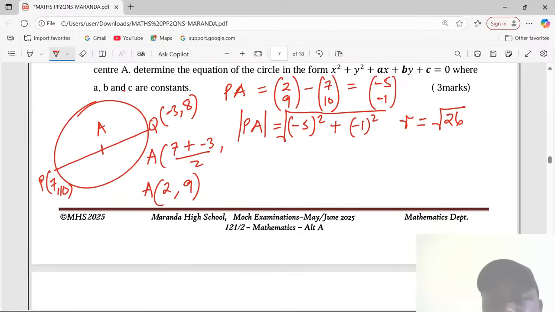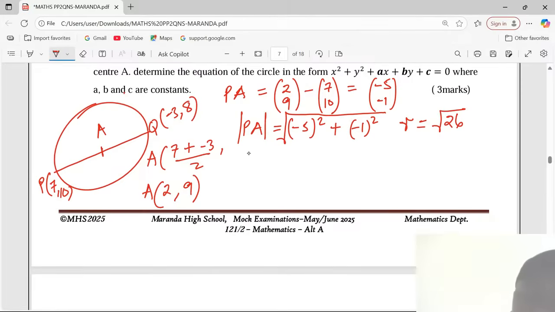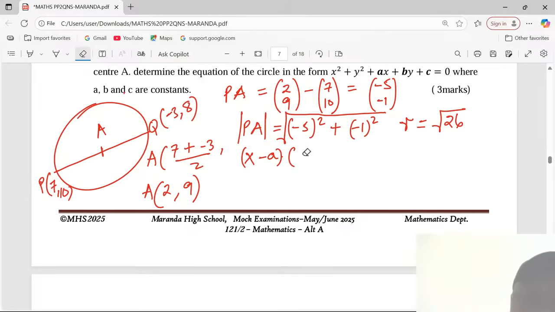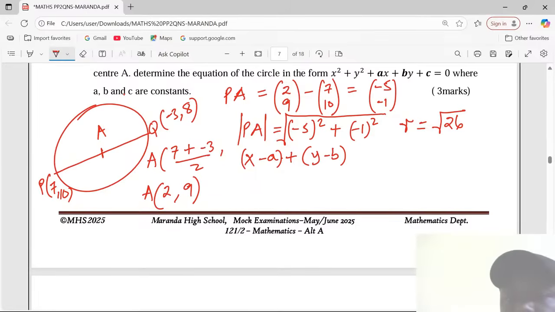So now we can express our circle. Generally, the equation of a circle is given by x minus a squared plus y minus b squared equals radius squared. In this case, a, b are the coordinates of the center.